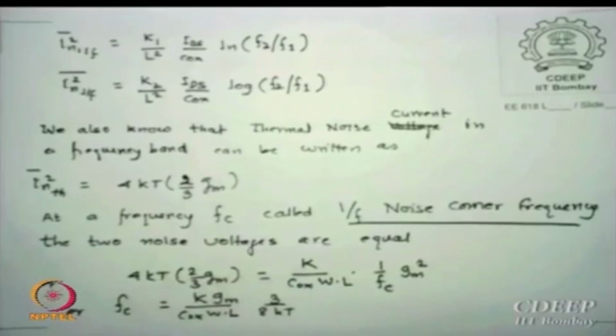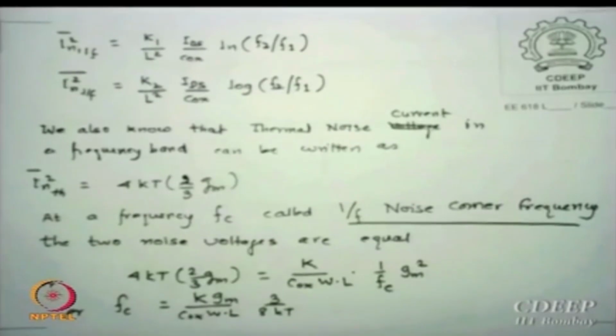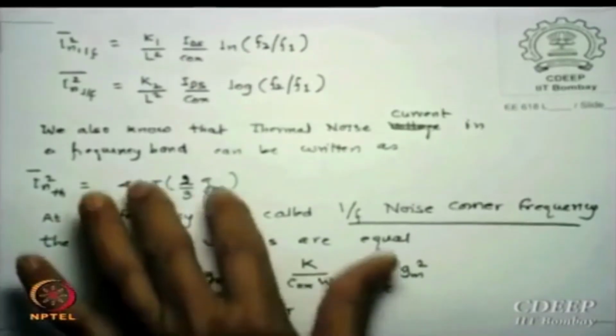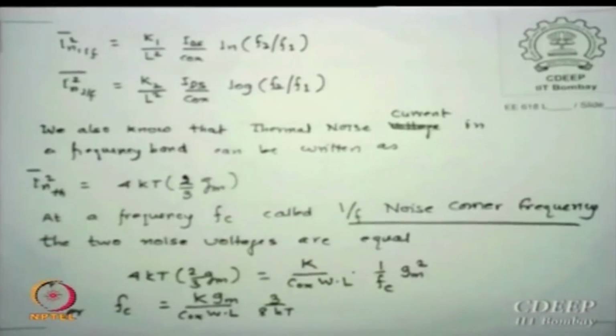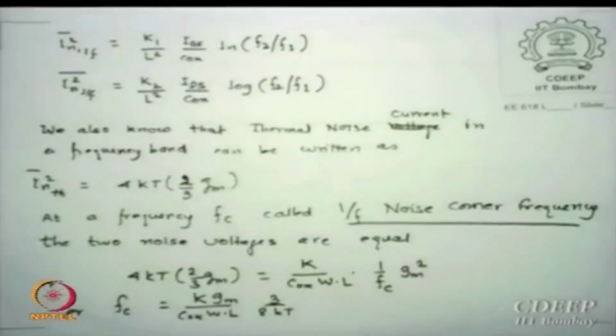We also know there is a thermal noise. If you want to say that two noises are occurring simultaneously, you can see this is constant, there is no frequency term here. Somewhere this value will become equal to the noise due to 1 upon f noise.